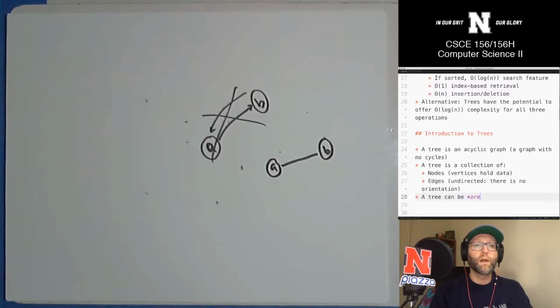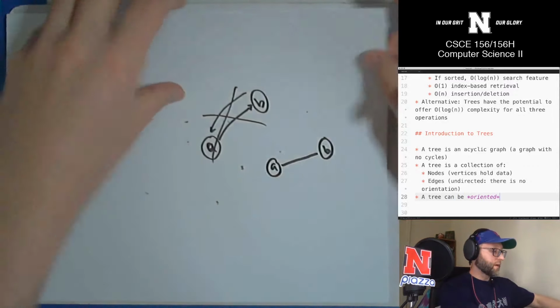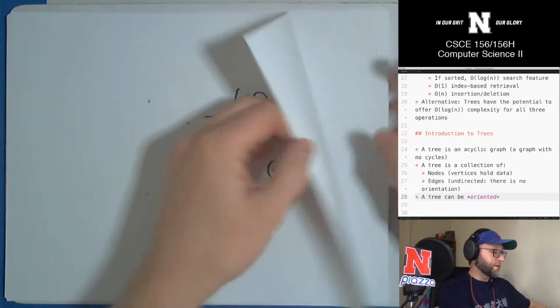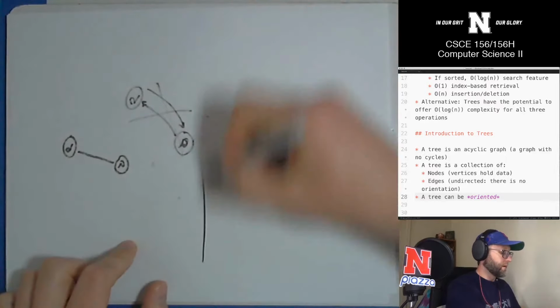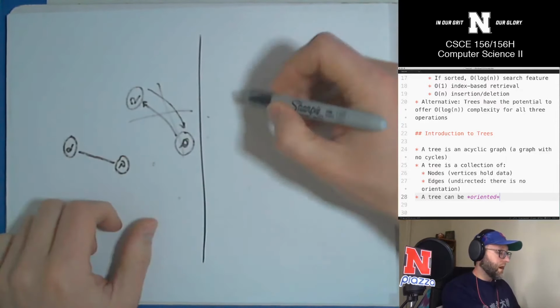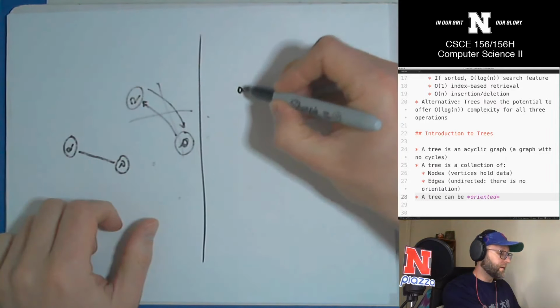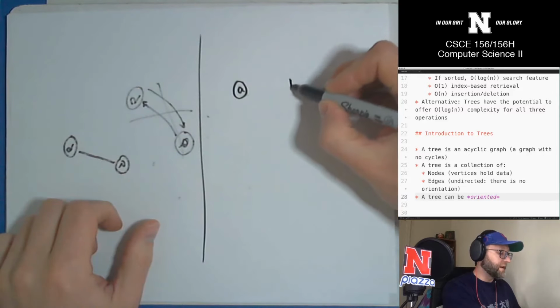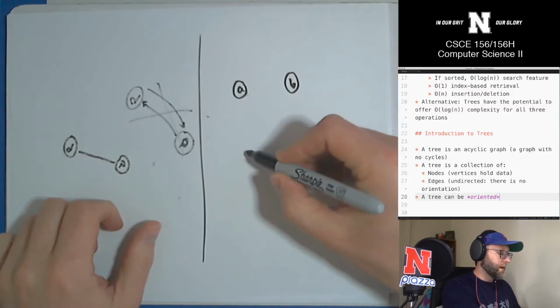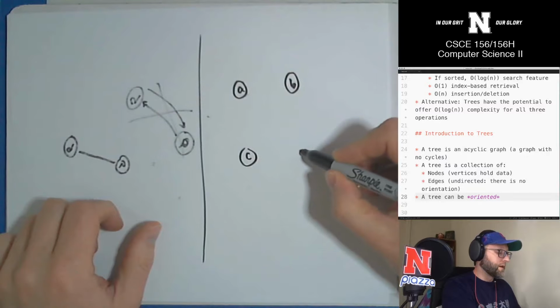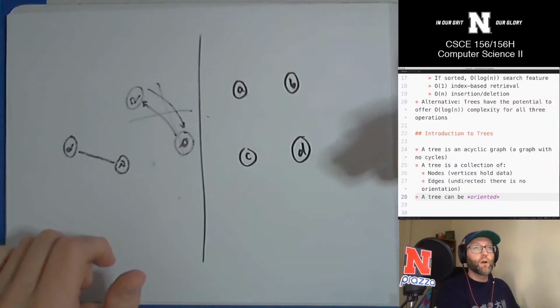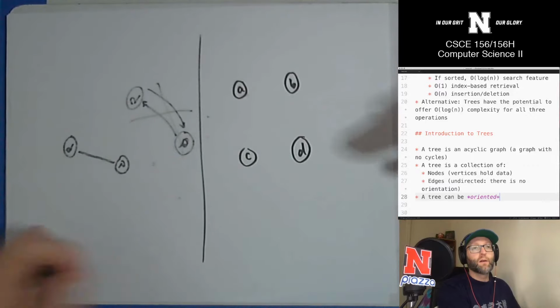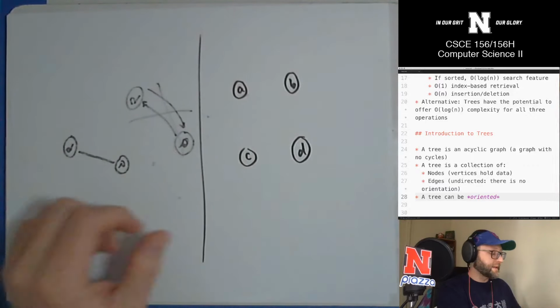Okay. In addition, for our purposes, a tree can be oriented, right? So what I'm going to do is I'll reuse this paper. I don't want to waste too much paper here, even though it's going to end up showing through. All right. So let me go ahead and draw a tree, and for our purposes, our data is simply going to be letters for now. But of course, you can imagine that you would store an instance of a student or an instance of some class here or something like that.